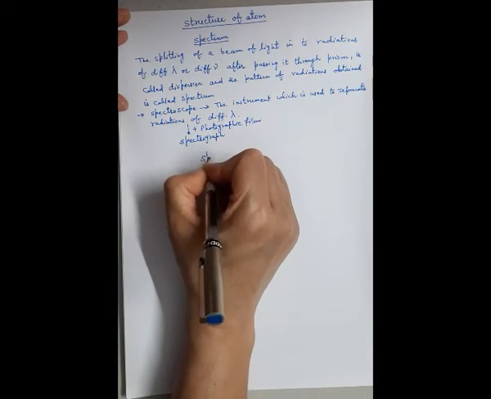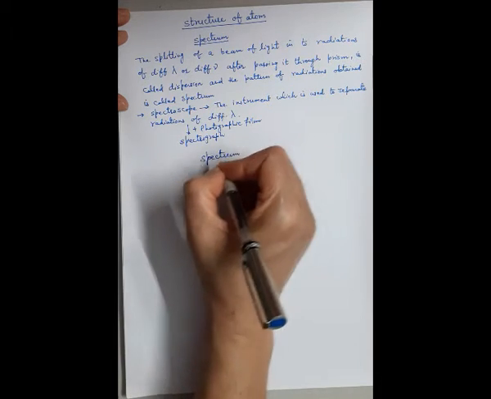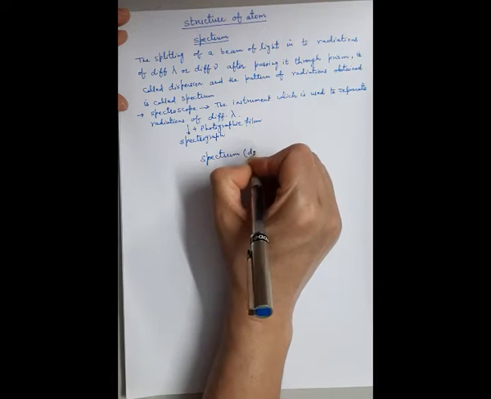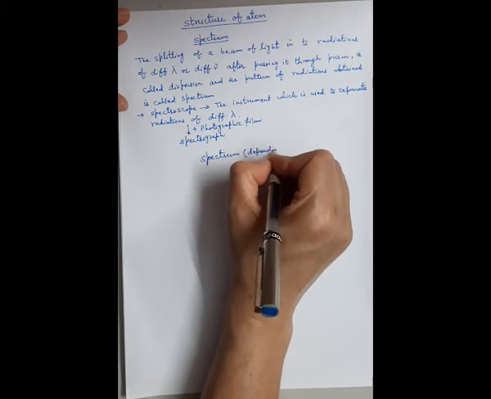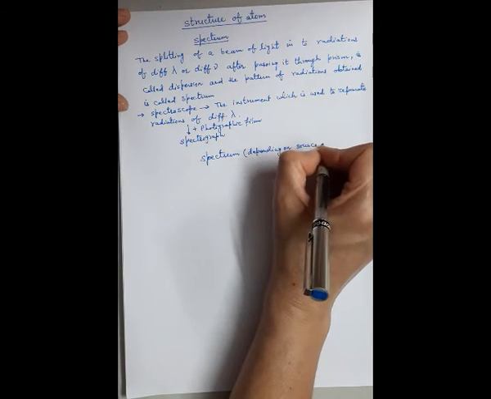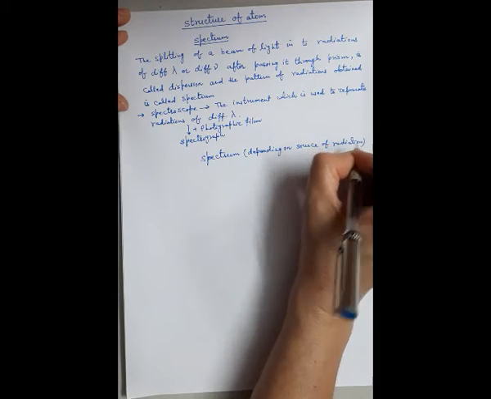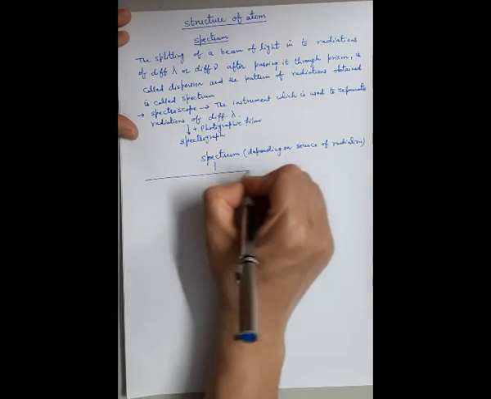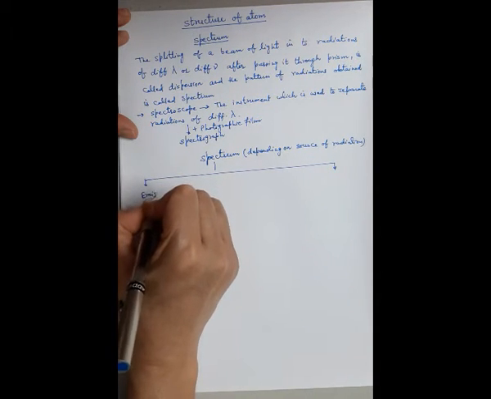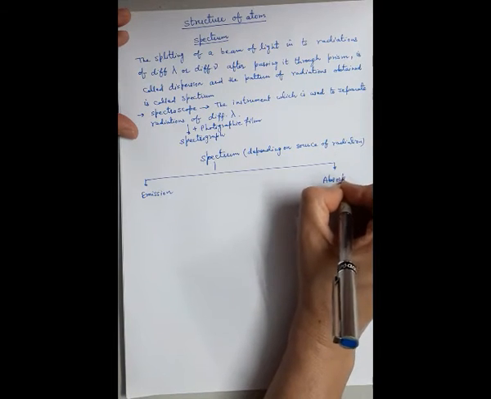You know, spectrum can be classified into two. And how will you classify? What is the basis? It depends on the source of radiation. I'll explain it. It has been classified into two: one is emission spectrum and the other is absorption spectrum.